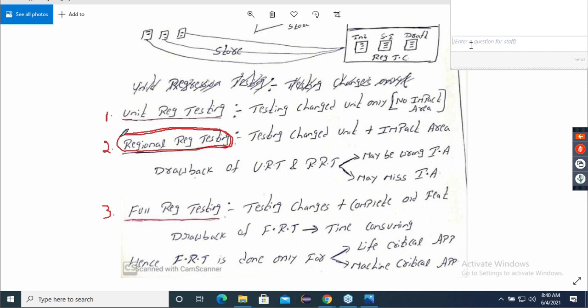Yes or no? In unit, what is there? Nothing. Whatever is changed in one module, within that module we are checking. In full regression testing also, there is nothing new. Whatever is old and left out, just go and test it. But when I say impact area, it's regional regression testing only, where other modules are getting affected. Yes or no?